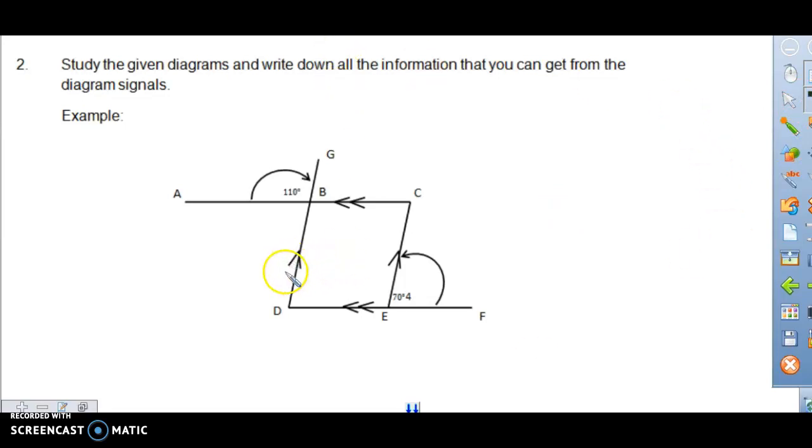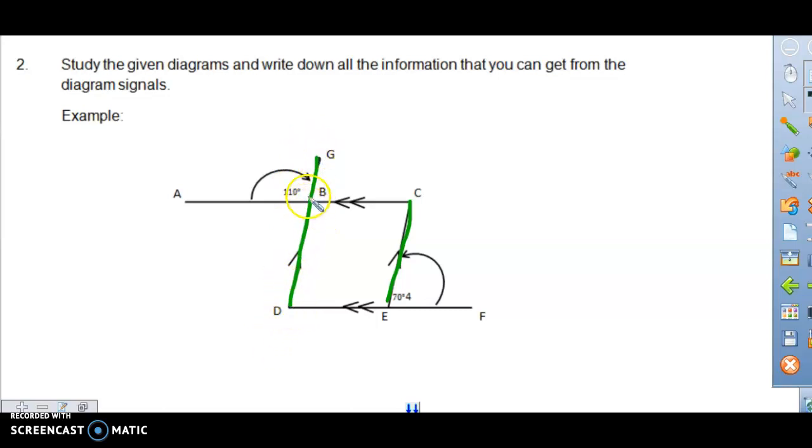So I see a lot of arrows here. I see one arrow there on that side and one arrow on that side. What does it mean? It then means this side, let me use this color, this side is parallel to that side because there's arrows on that side. So how do I write it? You can use any point on this.